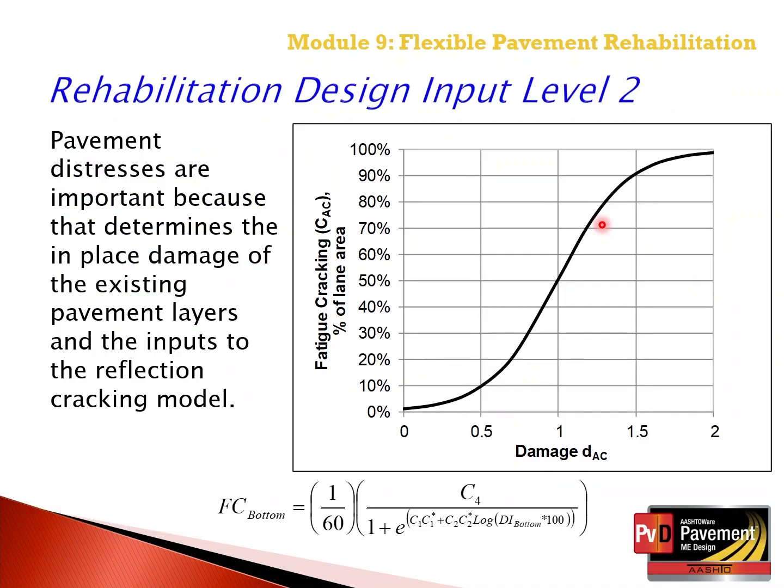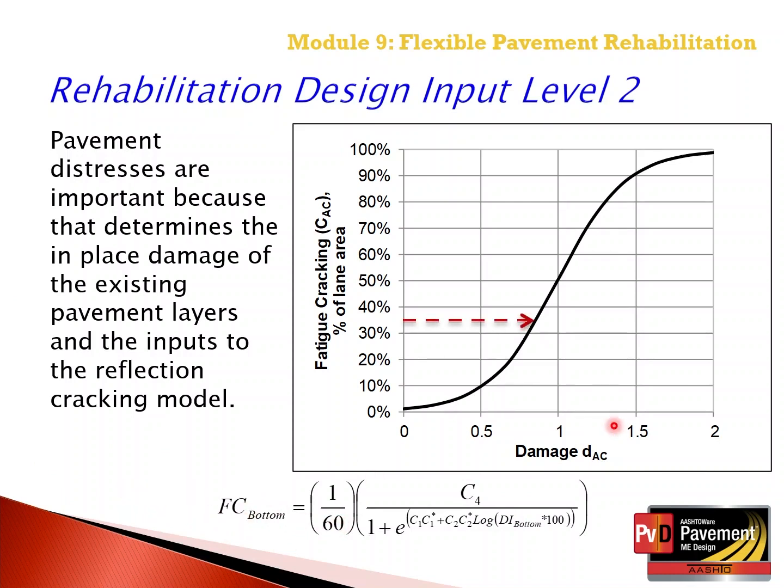So for rehab input level 2, the pavement distresses are important because that determines the in-place damage of the existing pavement layers and the inputs to the reflection cracking model, as well as defining the damage index of the existing asphalt layers for predicting future bottom-up fatigue cracks in the existing asphalt layers.